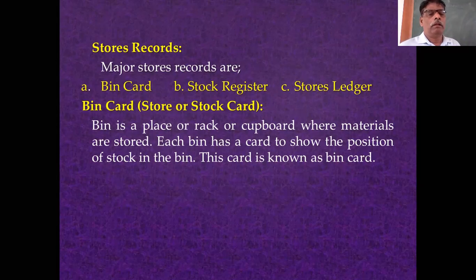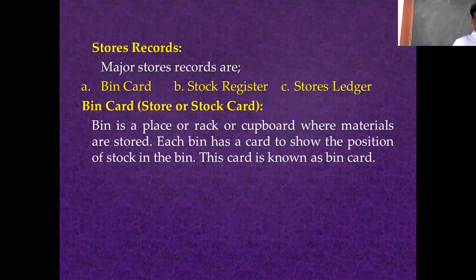Each bin has a card. For example, in your store there are 10 cupboards, and in each cupboard there is a separate kind of raw material: A category material, B category material, C category material.